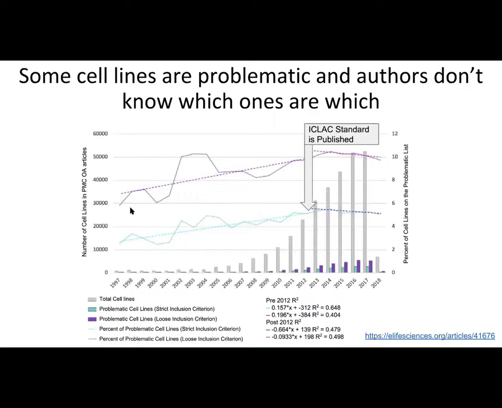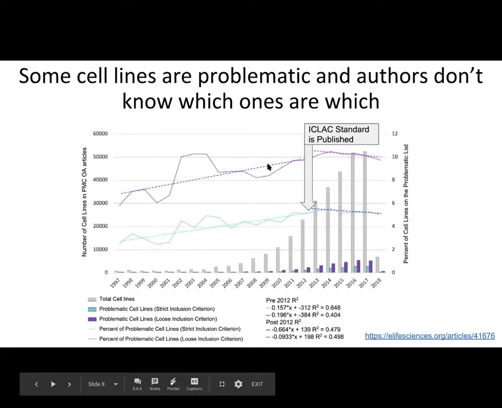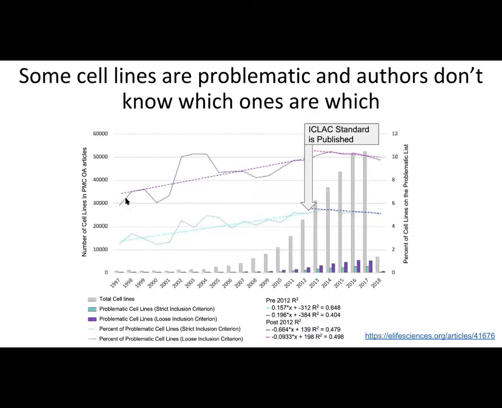So it does appear that, if we look in the early 2000s, generally speaking, there are some broad ups and downs here, probably because the sample size is relatively small. But definitely we do start to see an increase in the incidence of these problematic cell lines being used.